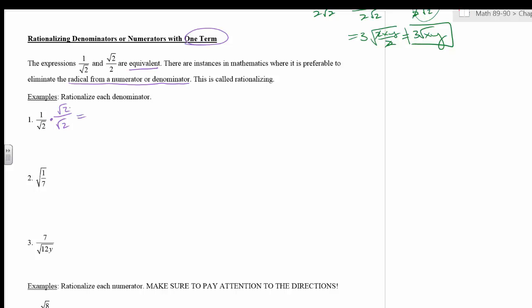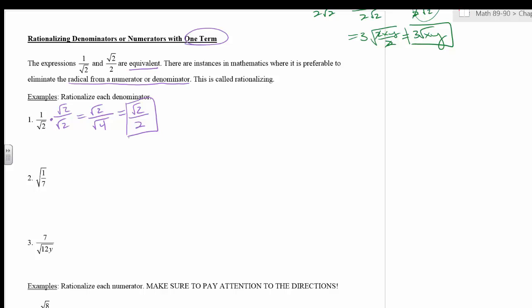I'm going to multiply straight across the top. 1 times the square root of 2 in the numerator is just square root of 2. On bottom, I end up with the square root of 4. Remember from section 10.3, if you multiply where both factors are under the radical, you can multiply those two radicals and get the same answer. Well, what's the square root of 4 now? That's just 2. So we end up with square root of 2 over 2.